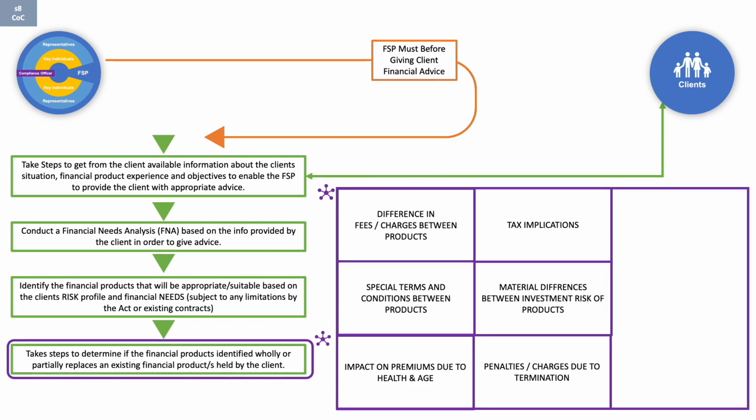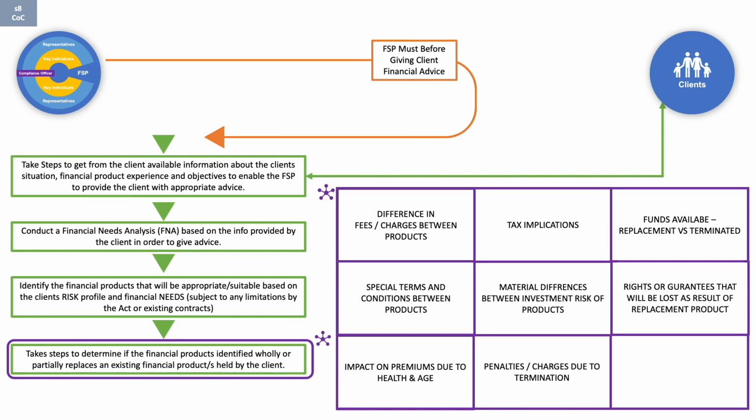Penalties or unrecovered expenses deductible or payable due to termination of product. To what extent the replacement product is readily realizable or relevant funds are accessible compared to the terminated product. Vesting rights, minimum guaranteed benefits or other guarantees or benefits that will be lost as a result or consequence of the replacement product.